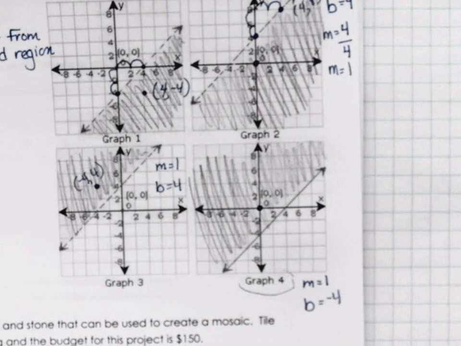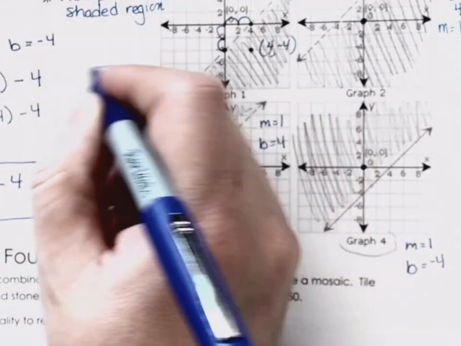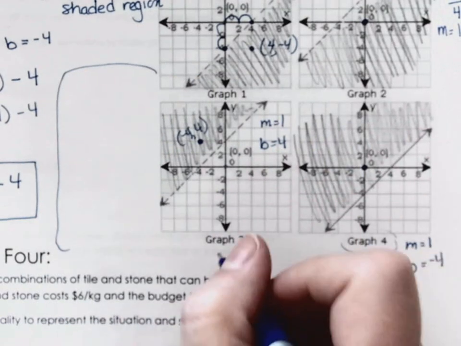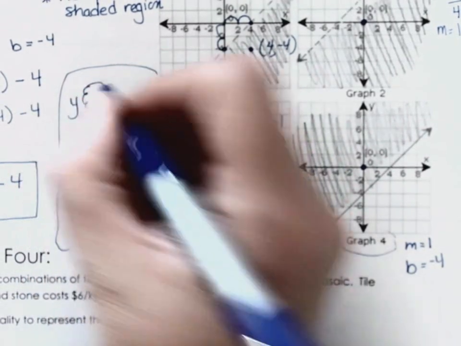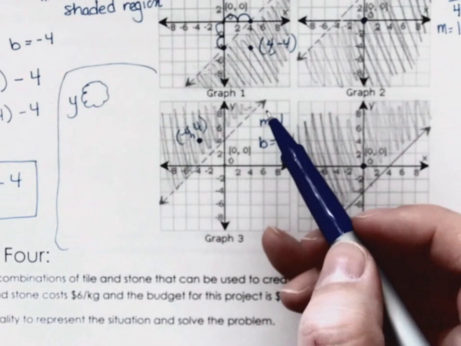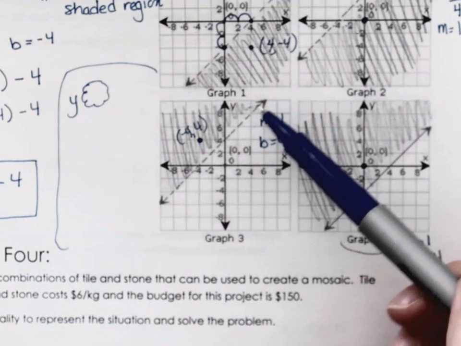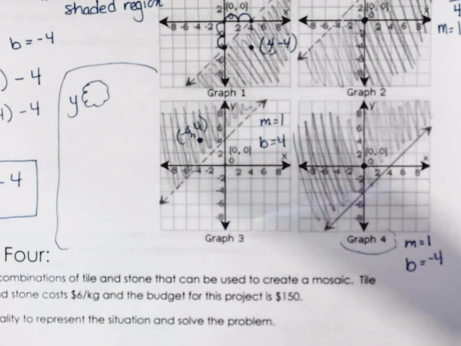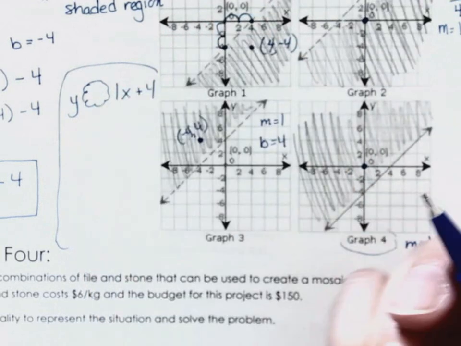So now when I do my equation, maybe I'll do it in this little tiny area here. For graph 3, I have y, big fluffy cloud. This is a dashed line, so I know I don't have the equal to sign. So I'm going to have 1x plus 4.